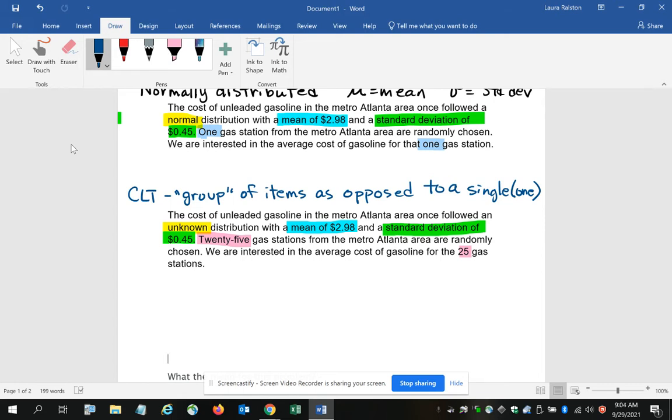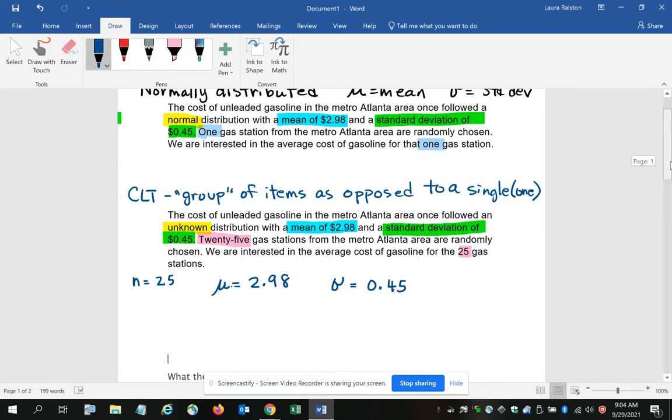Because we're selecting 25, our sample size is 25. Again, that's a clue. They tell me that my mean for my sample is $2.98 and that my standard deviation is 45 cents.